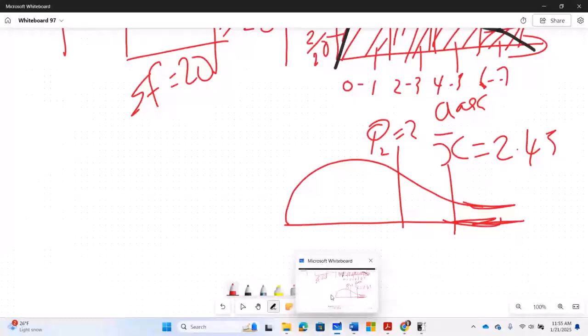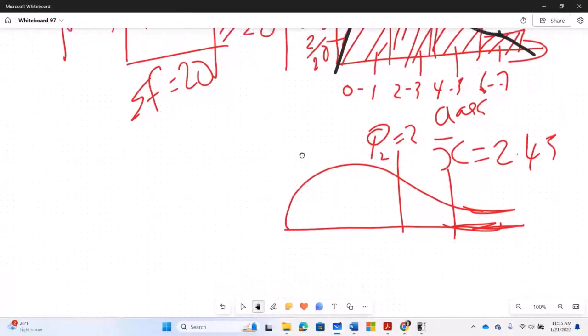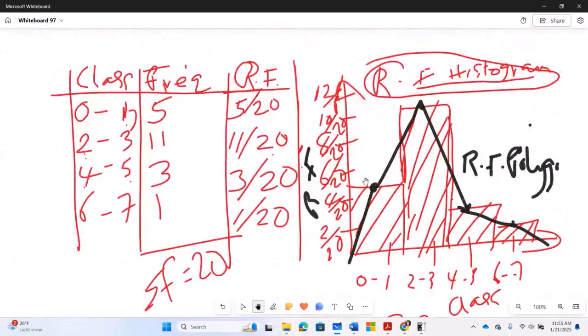All right, so we calculated. Let's go back and see what we already calculated. We built a frequency distribution table. We included the relative frequency. So from today onwards, in fact, it's already in your test, you should be able to find the relative frequency of every class.